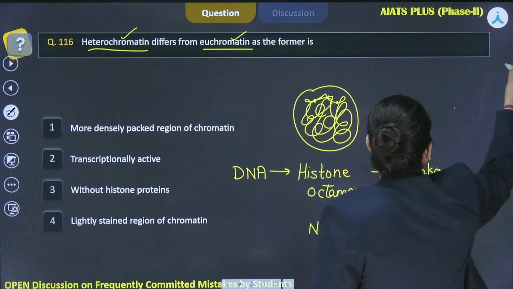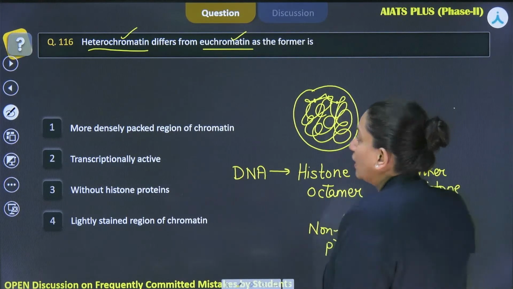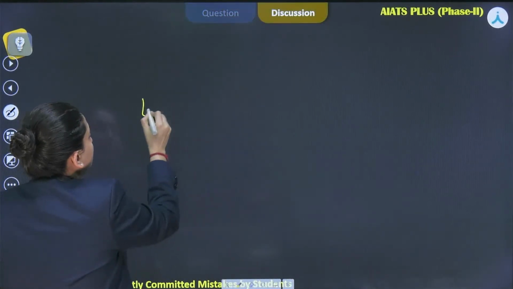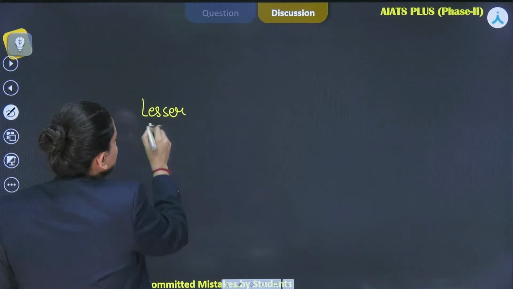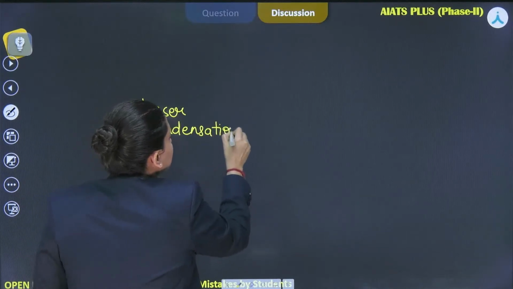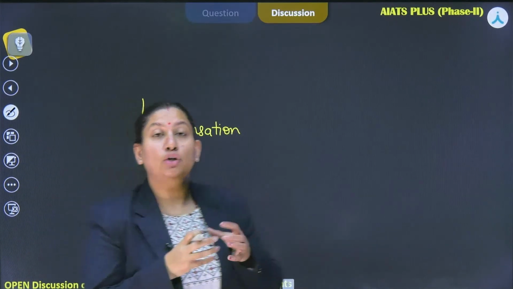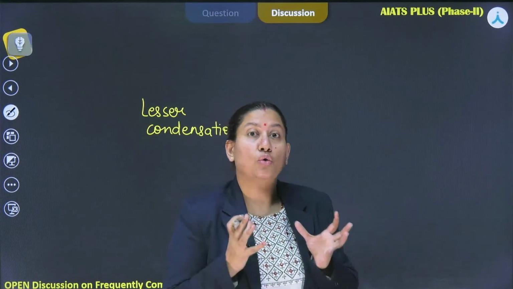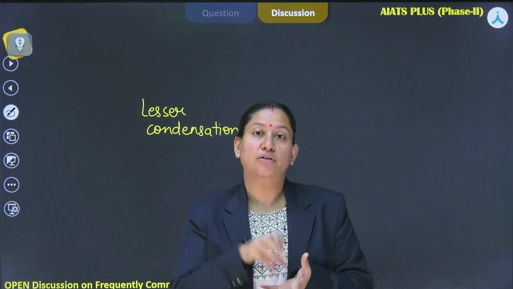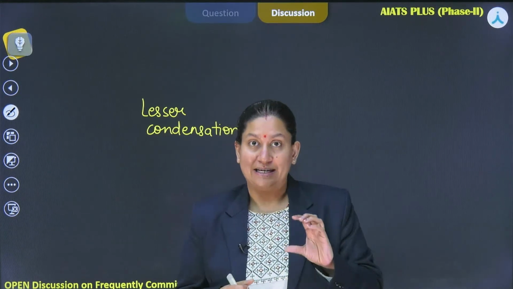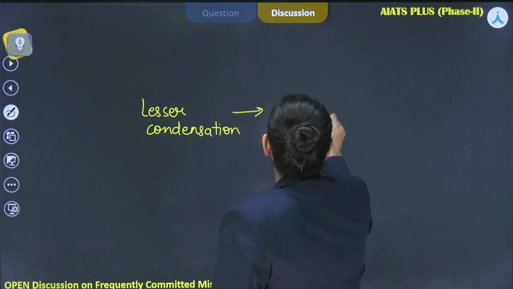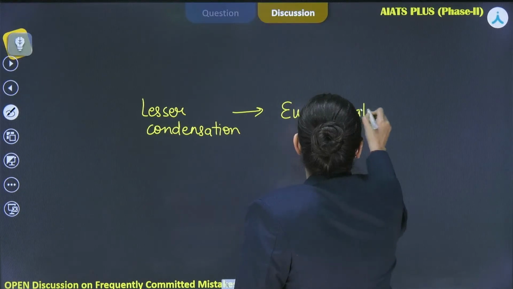Now, if let's suppose we are saying that lesser condensation is there, that simply means that there will be loose regions of DNA available. That is the reason why when you stain this particular chromatin, it will be stained lightly, right? So it will be a lightly colored one. If there is a lesser condensation, we are going to call it euchromatin, right?